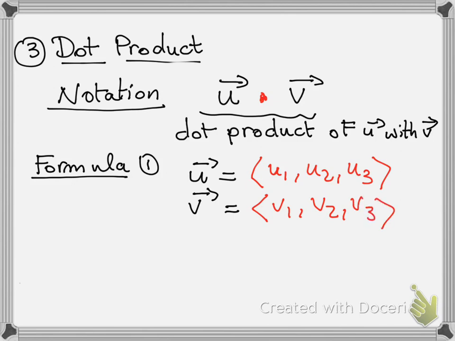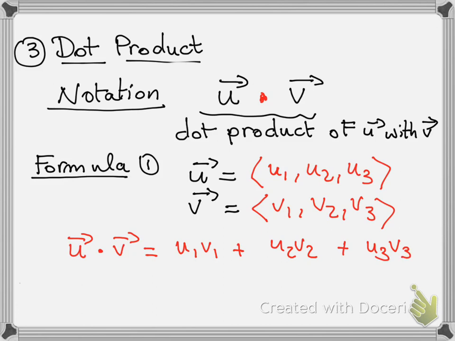Then the formula is the following. u dot v, the dot product, is u1 times v1 plus u2 times v2 plus u3 times v3.